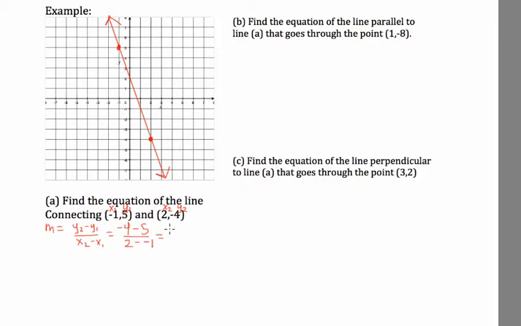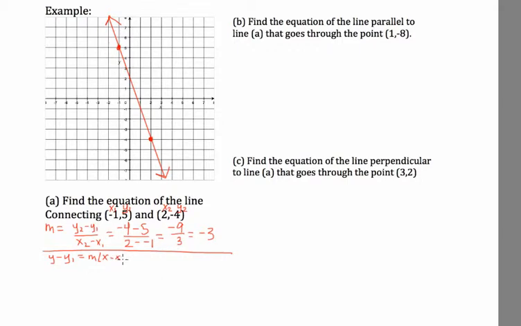So that will be -4 minus 5 is -9. 2 minus -1, that actually turns into 2 plus 1, which is 3, which gives us -3. Our m number is -3. Okay. So now I'll use my point-slope form equation. Y minus y1 is equal to m times x minus x1.